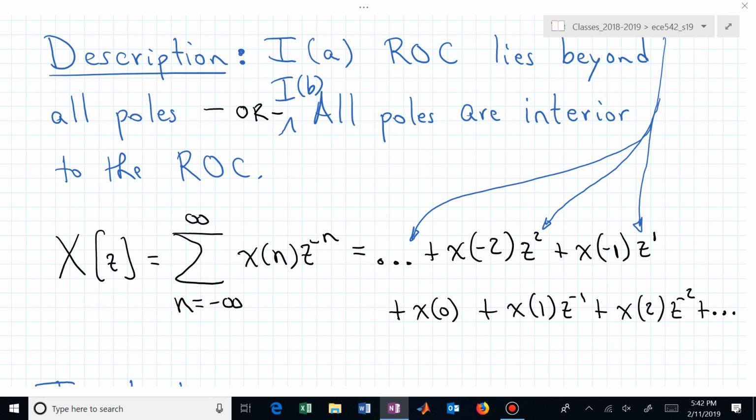No. I'm hoping you're starting to see that x at time minus 1, x at time minus 2, these have to be 0. Those can't be in this series expansion.